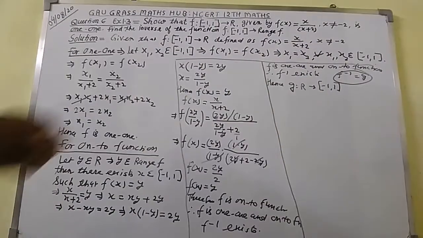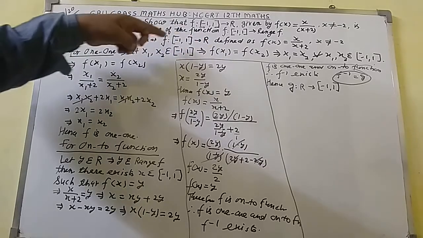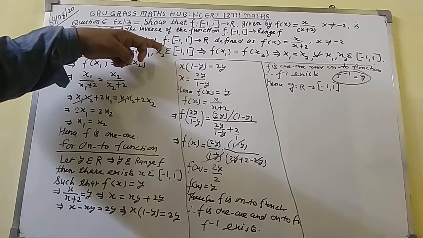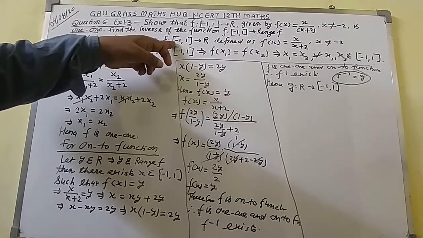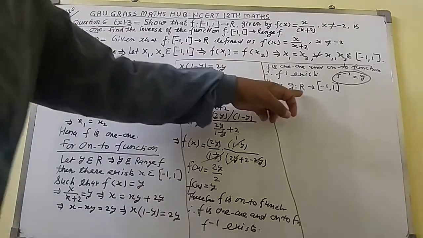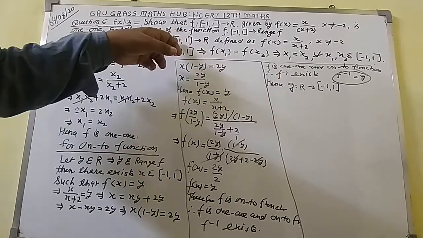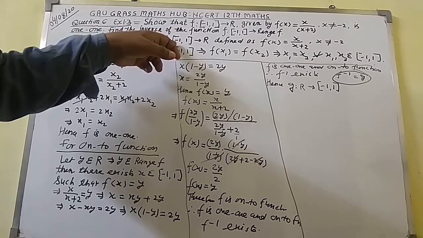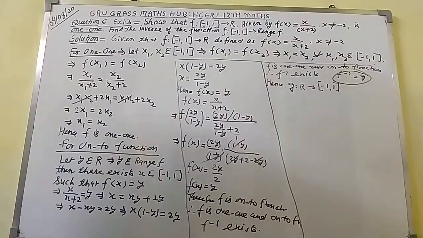Because the inverse of f will be g, I have written, and the inverse of close interval -1, 1 will be capital R. This means that domain and range of f both will be mutually interchanged in case of inverse.